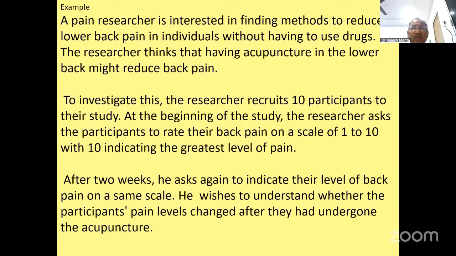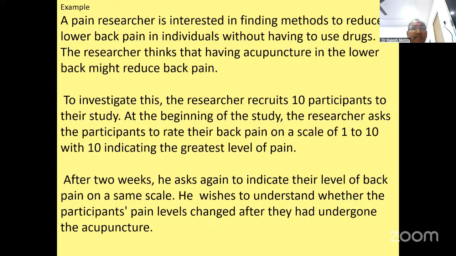So let's say an acupuncture person is there, or acupressure, electropuncture, or maybe naturopathy or Ayurveda or allopathy. There are lots of pathies. A single pathy, double pathy or mixed pathy could be there. But he wants to find out whether a particular pathy is important in reducing back pain or not.